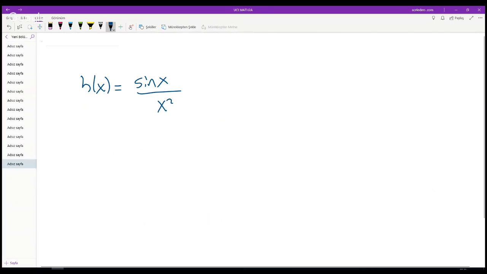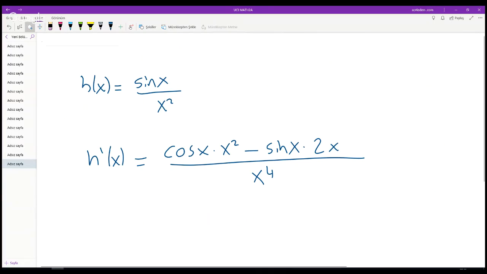Okay, let's begin with the first derivative, right? I will apply the quotient rule, which is the derivative of sinus, cosinus x, times x squared minus sinus x times the derivative of x squared, 2x, over x to the power 4, right?